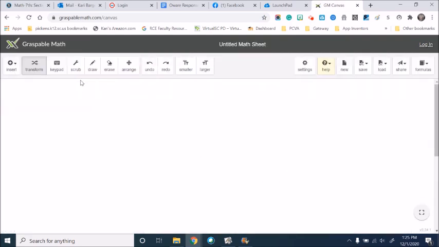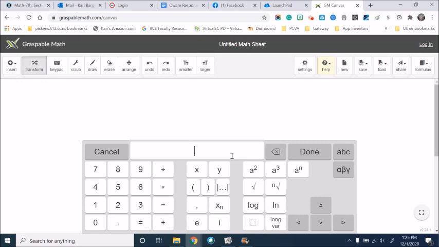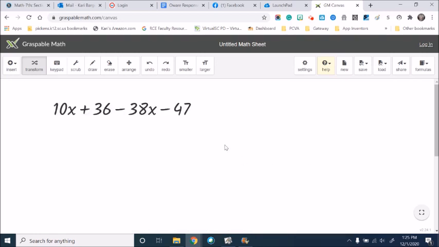But here, if I want to insert a math expression, I'm going to insert my 10x plus 36 minus 38x plus minus 47. So I'm going to insert that in here.